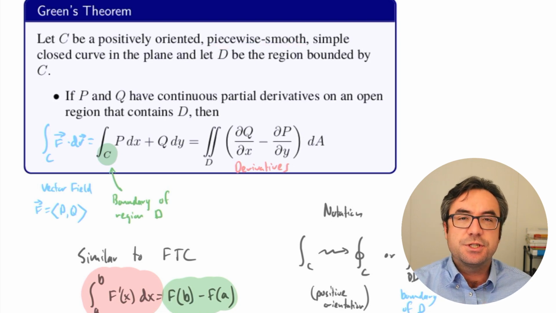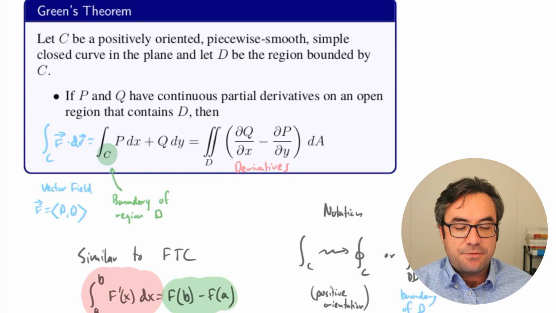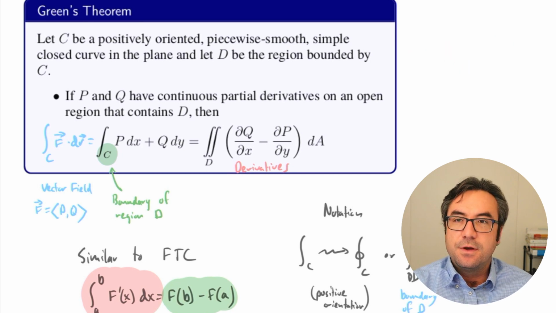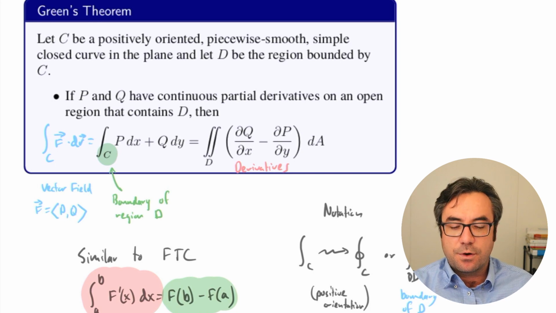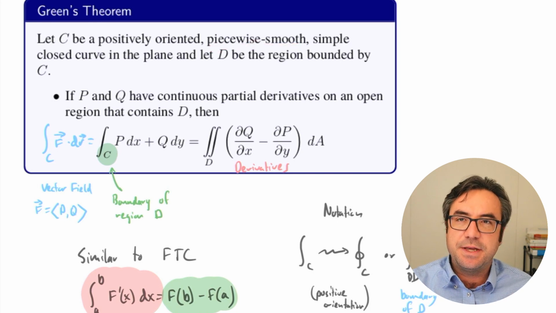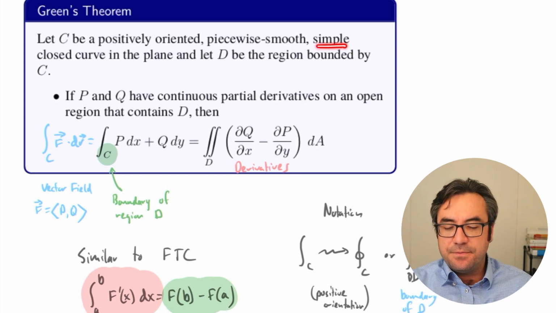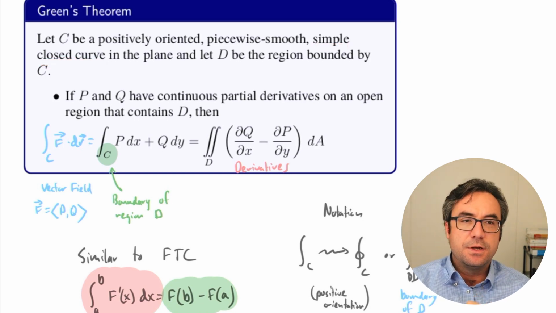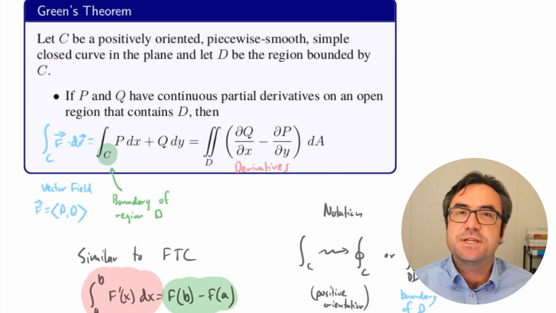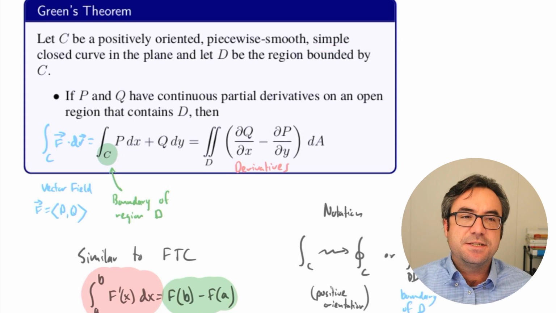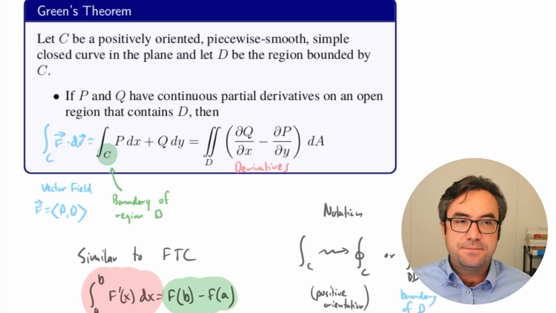Piecewise smooth just means that we can have corners to our curve, but only a finite number of corners. So otherwise it has to be, for the most part, smooth. And then a simple closed curve. So closed means it starts and stops at the same point, and simple means it doesn't intersect itself.